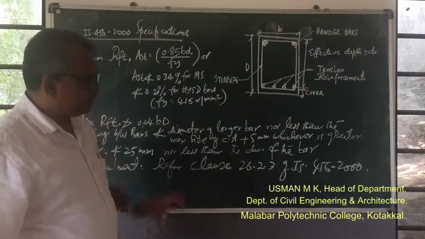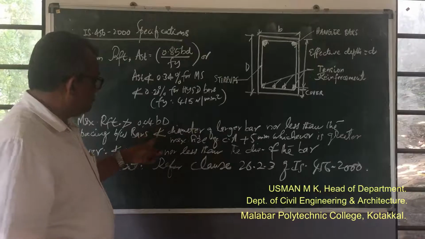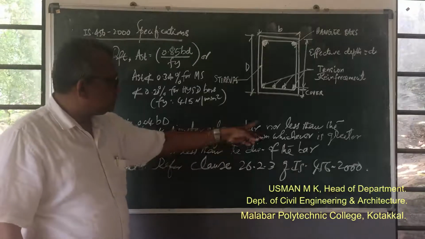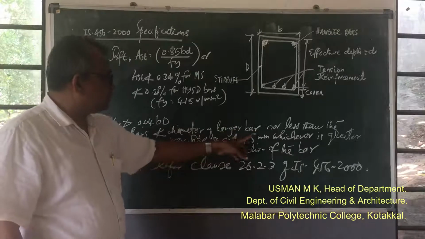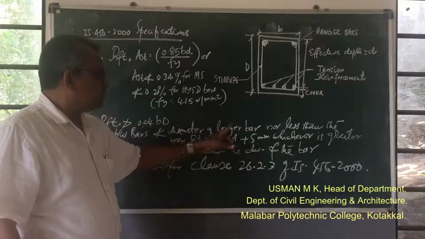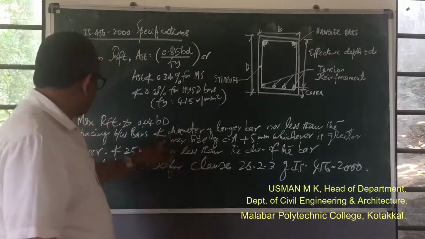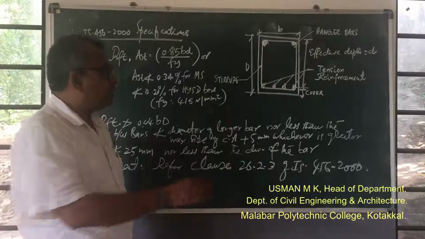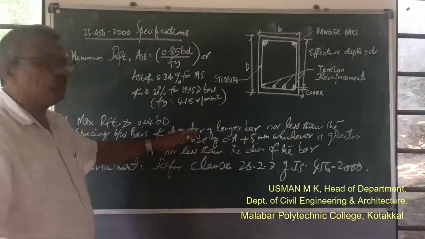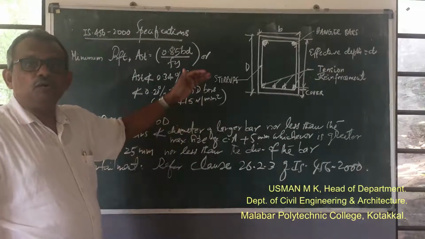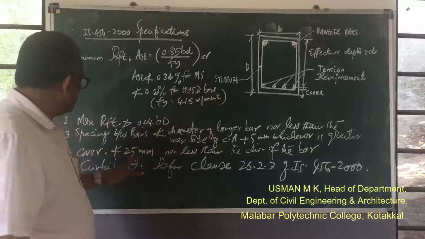There are two values, from which take the greater value. Not less than the diameter of the larger bar, nor less than the maximum size of CA plus 5 mm. Whichever is greater should be taken as the spacing between the bars, the center to center distance, as per the code. All these values we are choosing from the code only, the authorized values from the code.